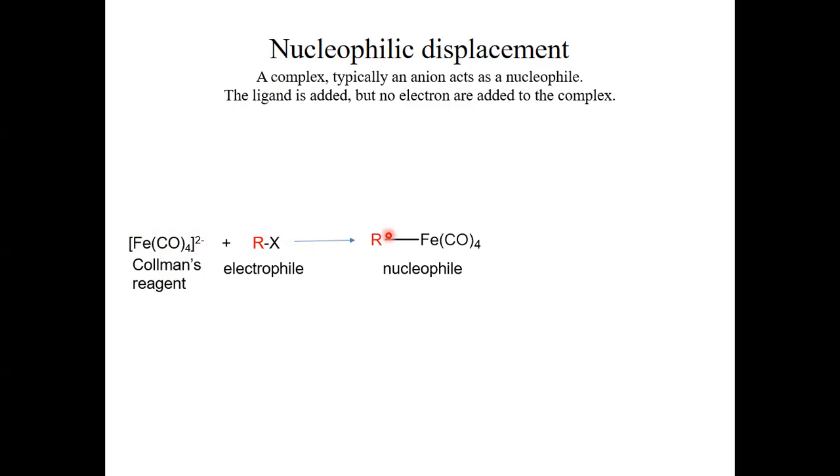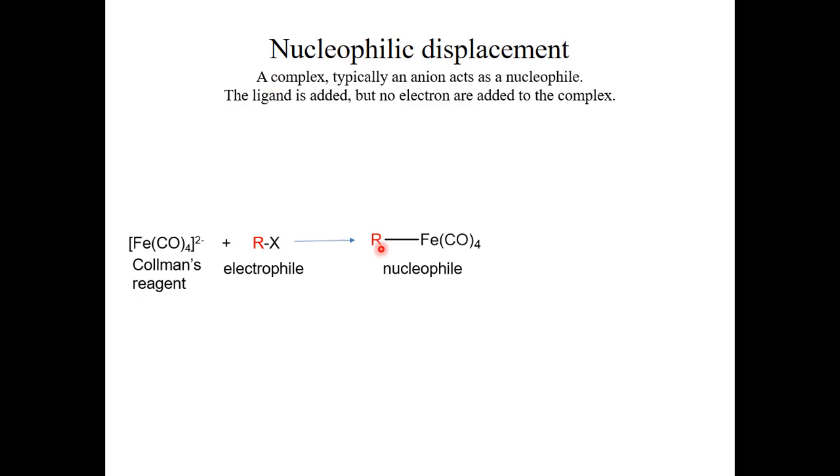to produce this molecule here, which has added the rest R. So in this case, we see that we have added a ligand, but we actually have not added electrons. Therefore, the oxidation number is actually the same.